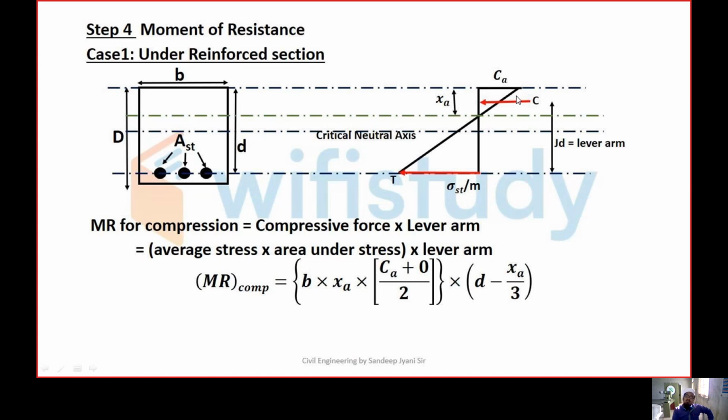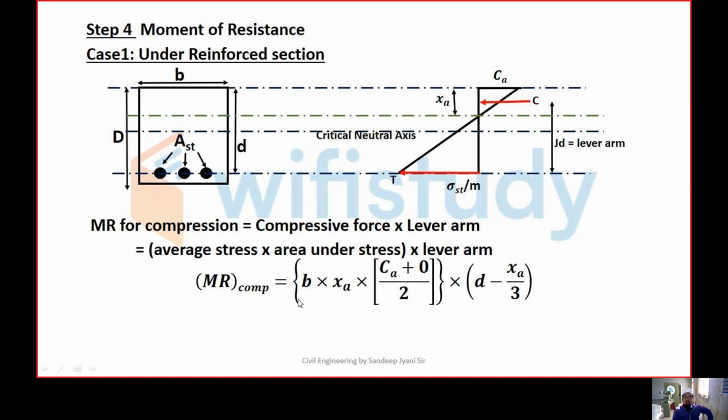Here the maximum stress acting in the compression zone is CA, and the minimum stress acting here is 0, because at the neutral axis the compressive stress is equal to 0. So CA plus 0 by 2 becomes the average stress. And what is the area formula? B into XA. It is B and it is XA.